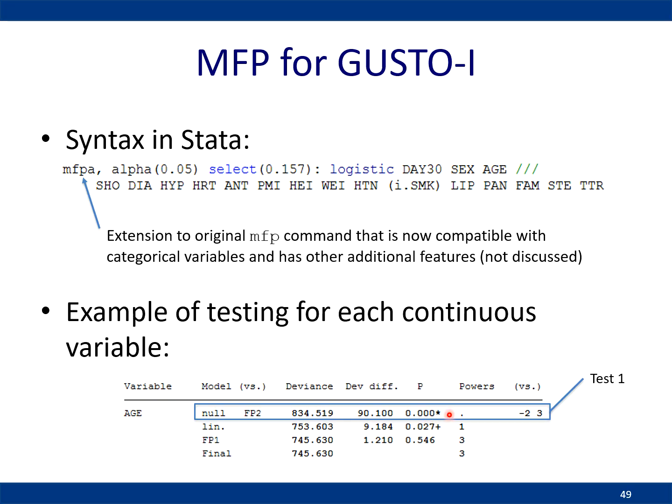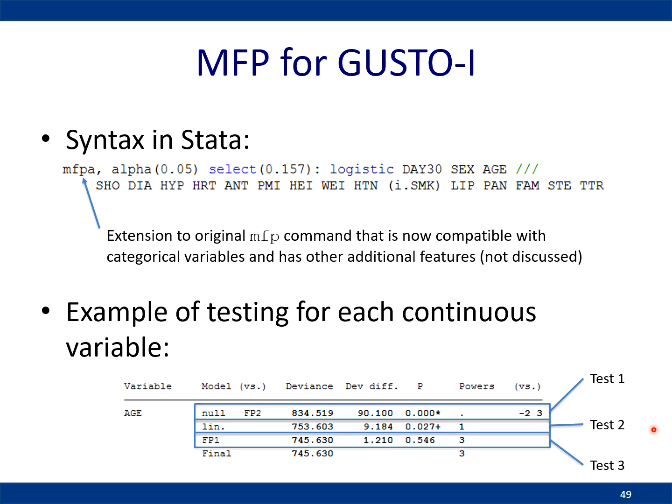So the FP2 function was significantly better than excluding age from the model. The second test then looks at comparing the FP2 function to the linear function. Here we can see that the p-value is again significant, and therefore the FP2 function, so the non-linear function, fits significantly better than the linear function.